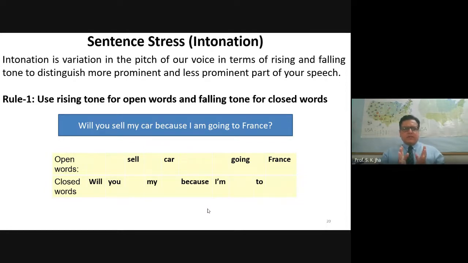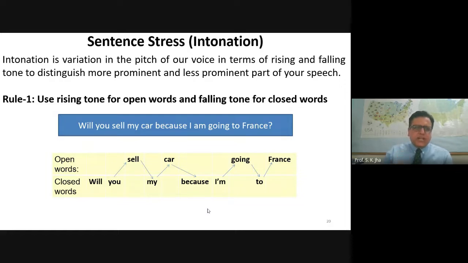So here what you need to remember is that the rule says to use rising tone for open words and falling tone for closed words. Now you see I have marked with arrow. So when you read this sentence, how will you read?